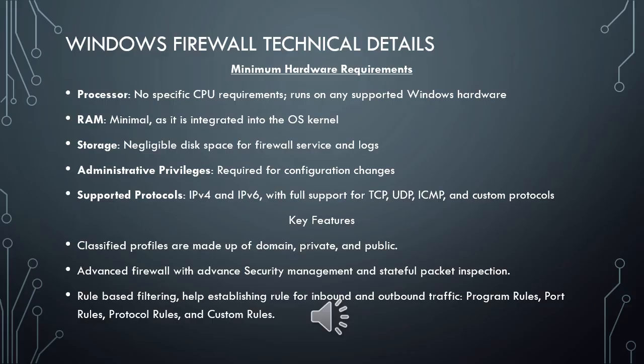Administrators can define rules for inbound and outbound traffic using program rules, port rules, protocol rules, or custom rules, giving precise control over network traffic. The capability allows Windows Firewall to protect the system effectively while remaining highly configurable.